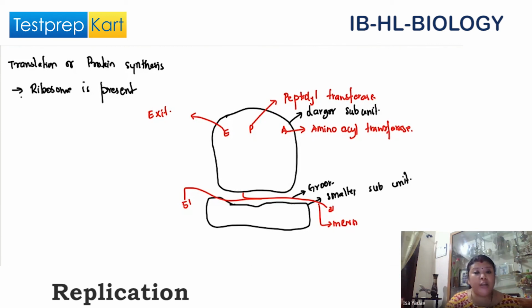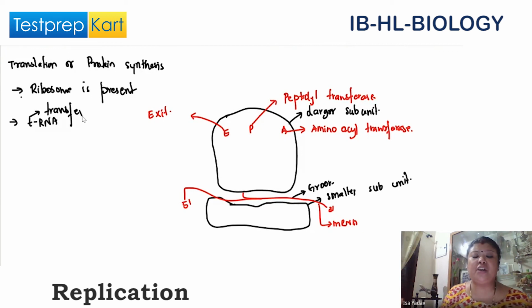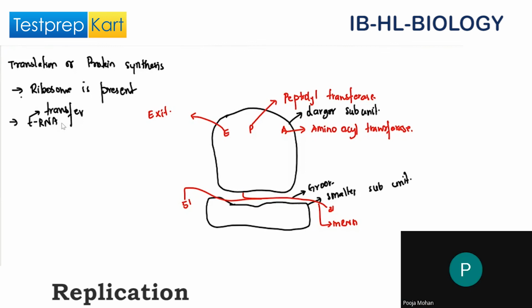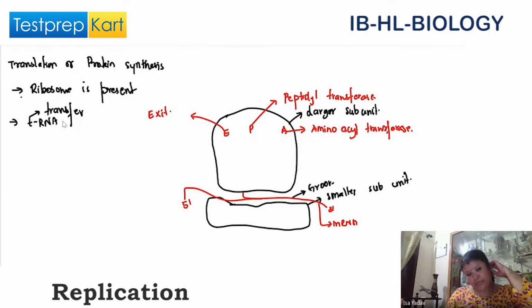Now, for protein synthesis, we will need another RNA. This is tRNA. T stands for transfer RNA. One important thing we need to know is that for every amino acid, there is one tRNA.